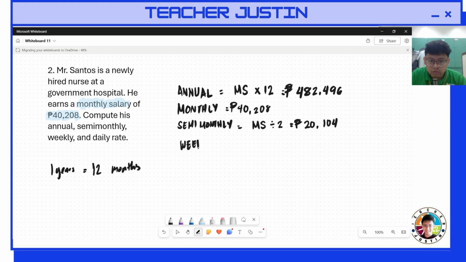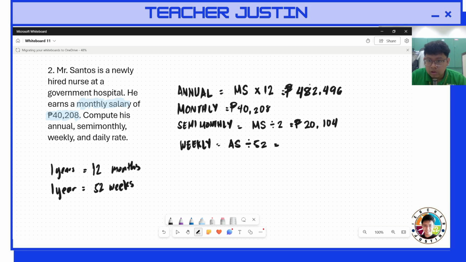For weekly, take note that in 1 year we have 52 weeks. So we will use 52 weeks. For weekly, we will divide the annual salary, the one we got earlier, by 52.